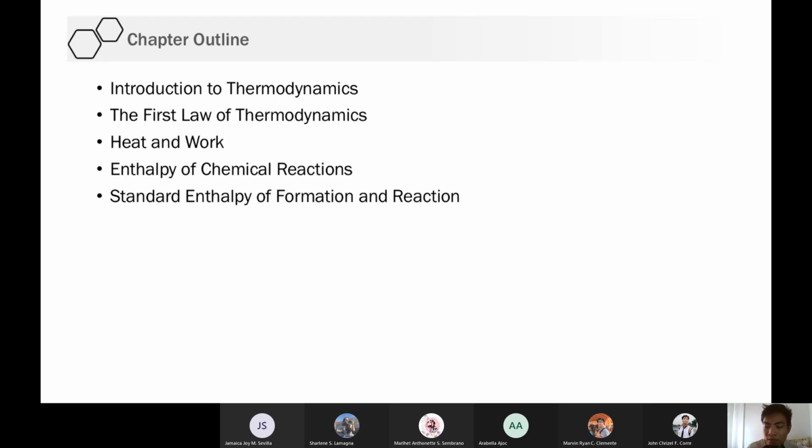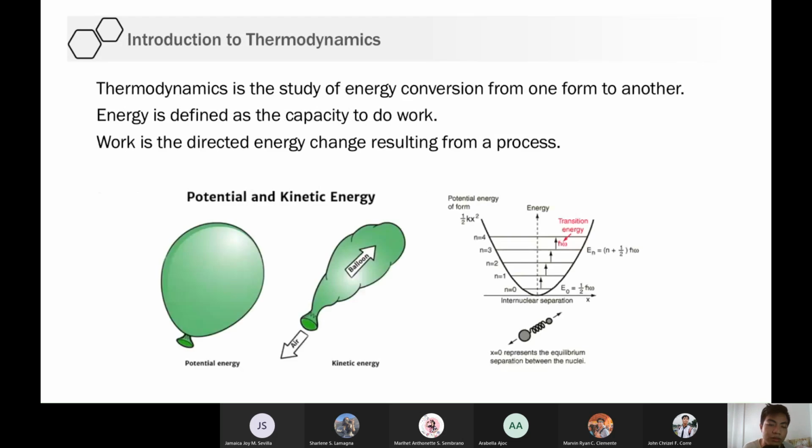Okay? So let us now talk about the introduction to thermodynamics ulit. Na-define na natin to last time, but again, let's recall. So sabi ko sa inyo, thermodynamics is the study of the energy conversion from one form to another, no?